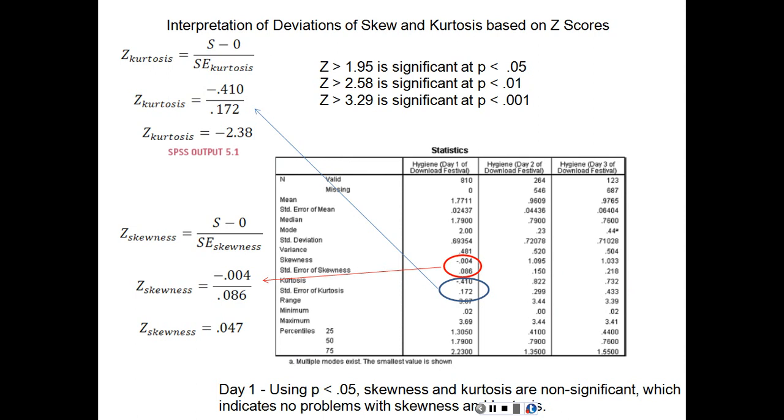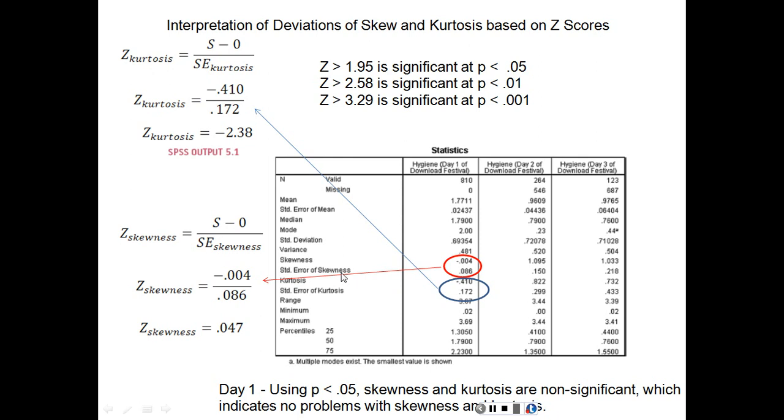So one way that we're going to test the skewness and kurtosis of our data is we're going to interpret it using z-scores. I want you to be very careful, because this is an example of descriptive statistics, a table that will pull up whenever you click on calculating those descriptive statistics.